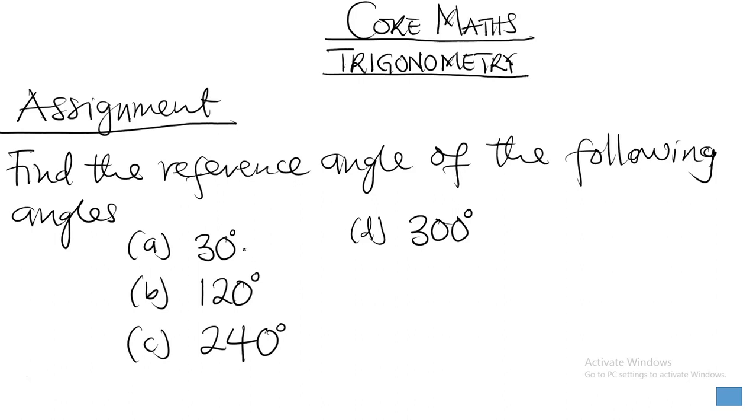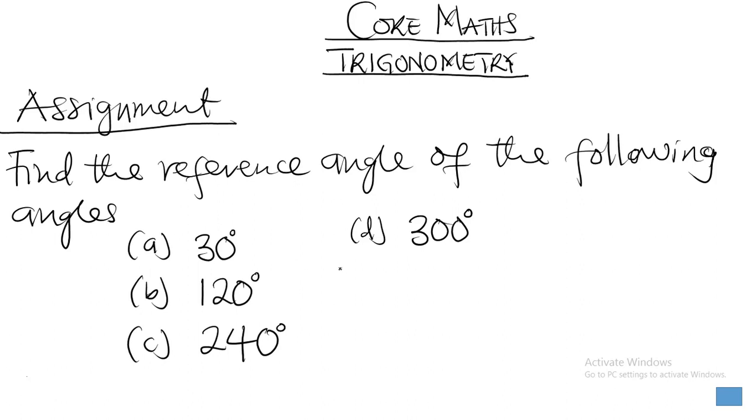So 30 degrees will fall in the first quadrant when drawn in standard position. 120 degrees will fall in the second quadrant, 240 in the third quadrant, and 300 in the fourth quadrant. After identifying the quadrant, it will be easier for you to know the reference angle.